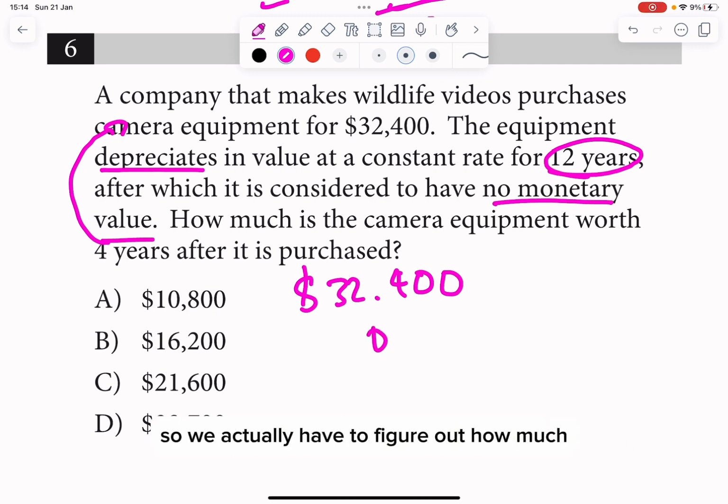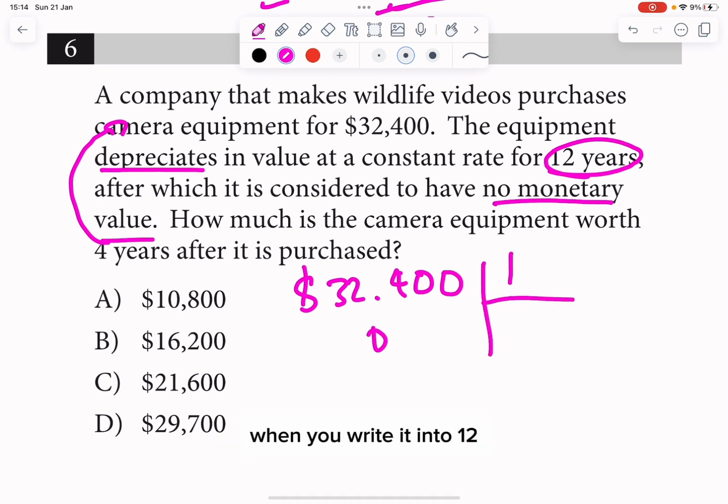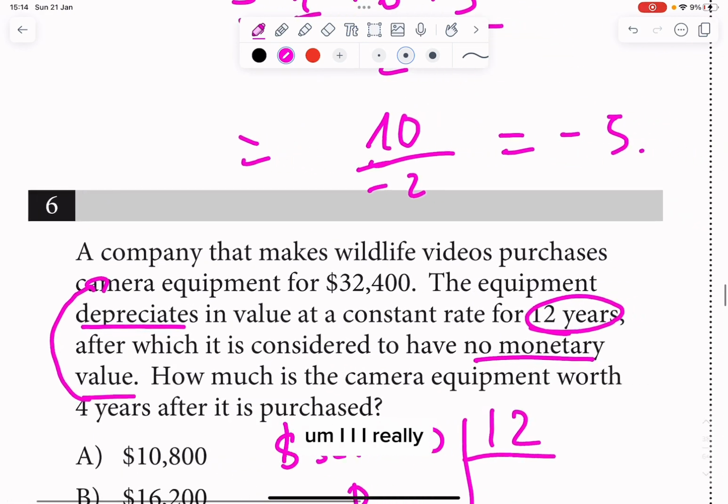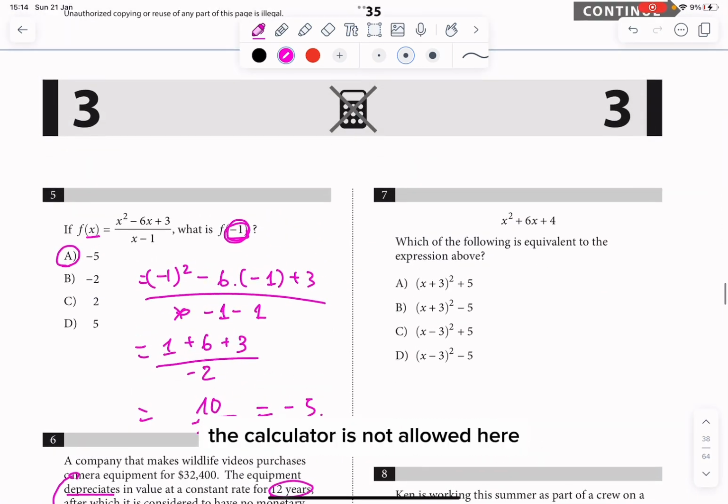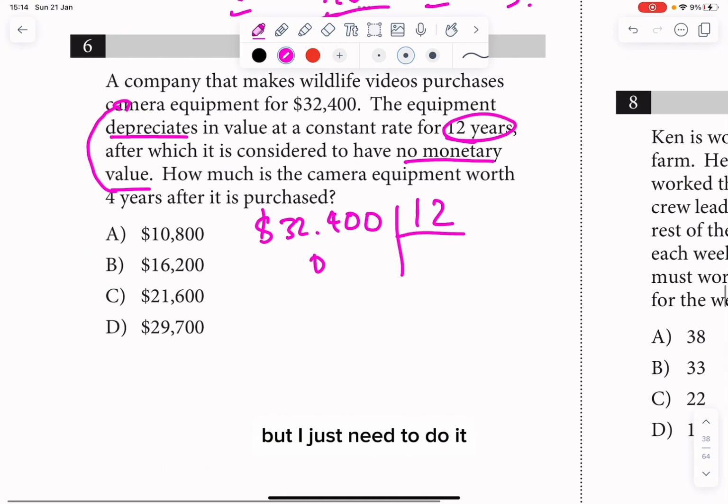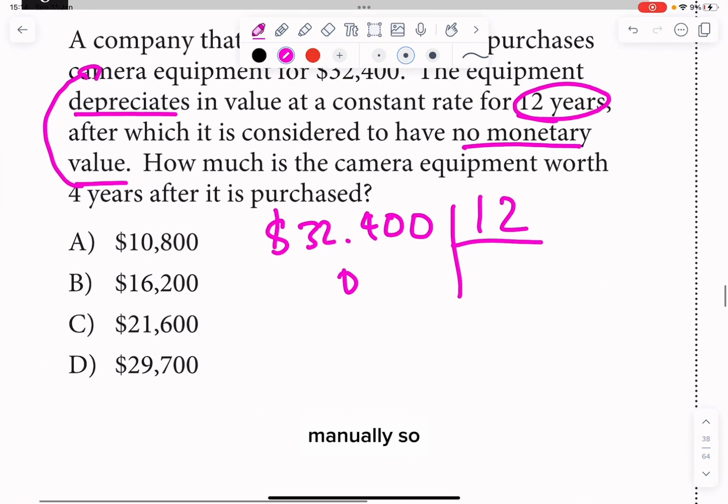So we actually have to figure out how much this camera equipment decreases in price after each year. I divide it by 12. I don't really know why the calculator is not allowed here, but I just need to do it manually. So let me see.